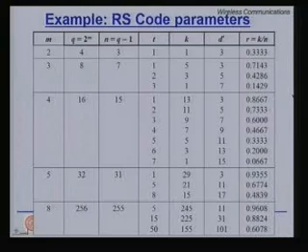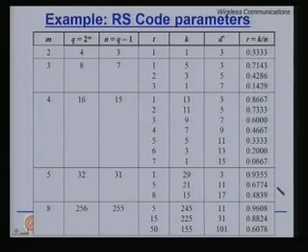This table shows some standard Reed-Solomon code parameters. Please note here we have this m, on the second column we have q which is 2 raised to m, and here is the block length. Again this column represents the number of errors that the code can correct, and here are the k and the d star, the minimum distance.